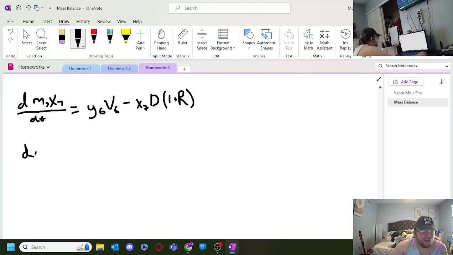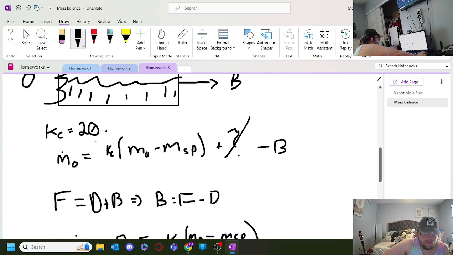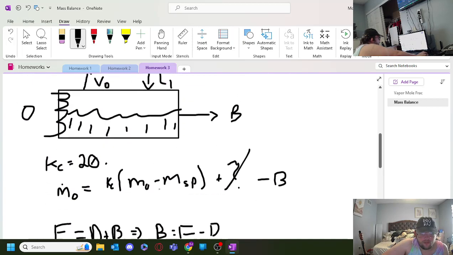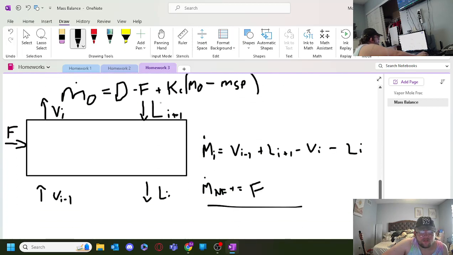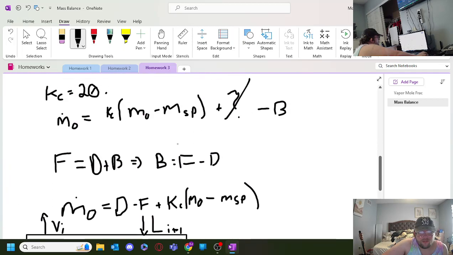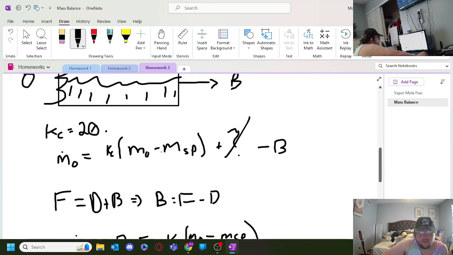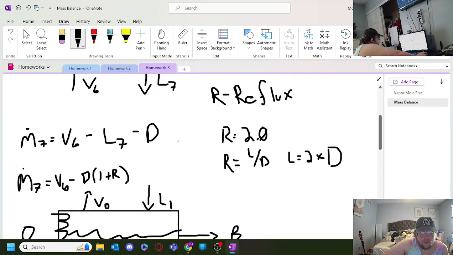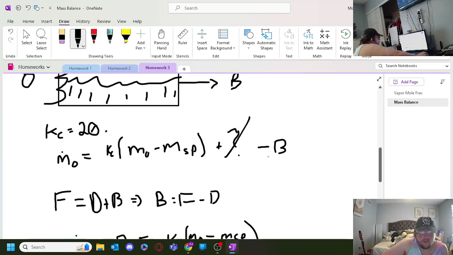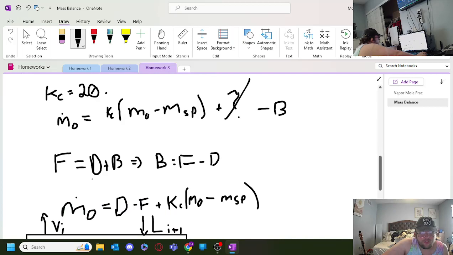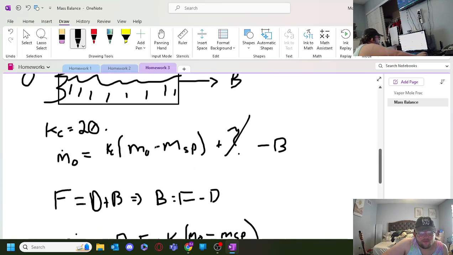The change in M0, X0 with regards to time is equal to, so for the distillate, the bottom, right there.